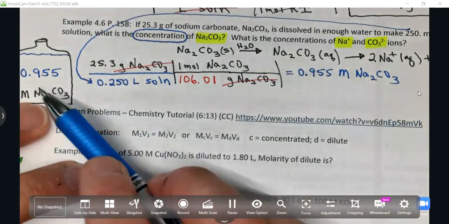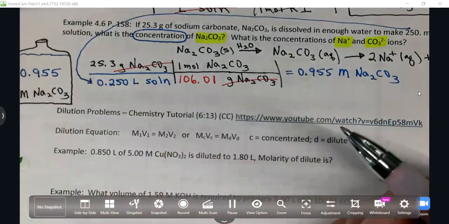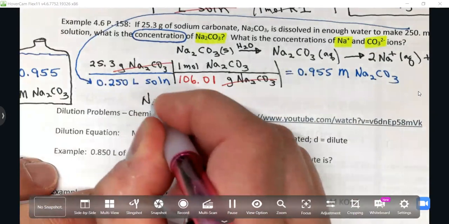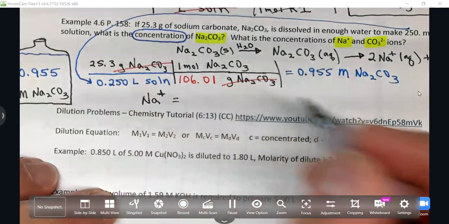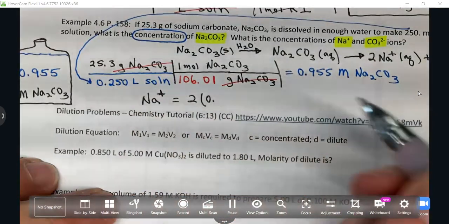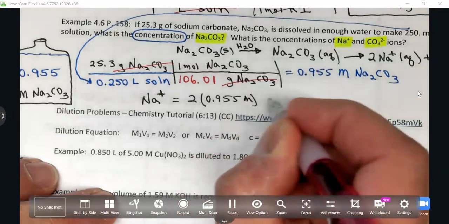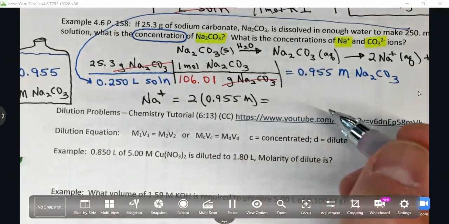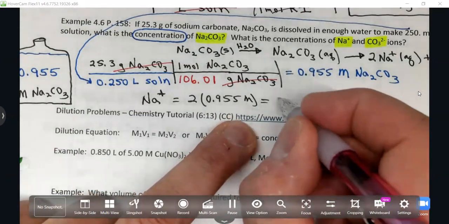So the molarity of sodium is going to be 2 times 0.955. So for sodiums, we're going to have 1.91.